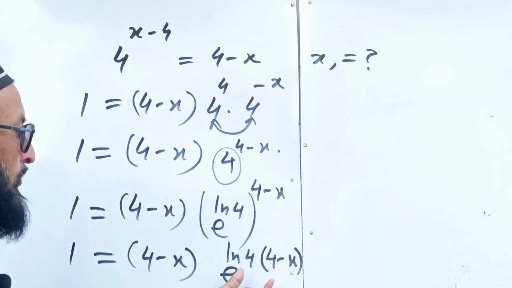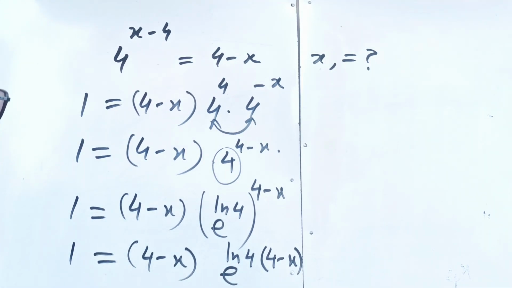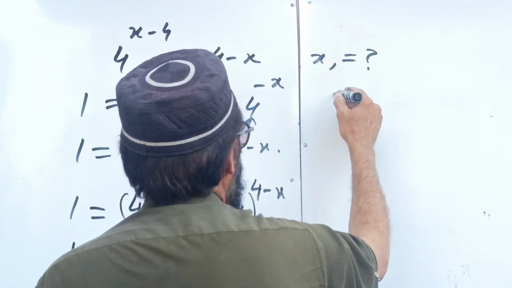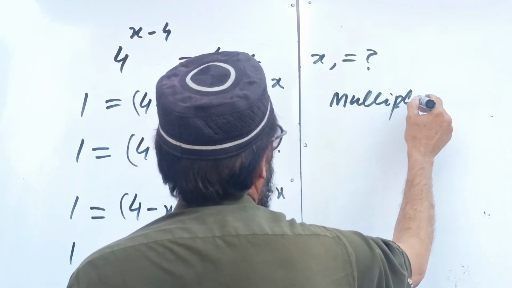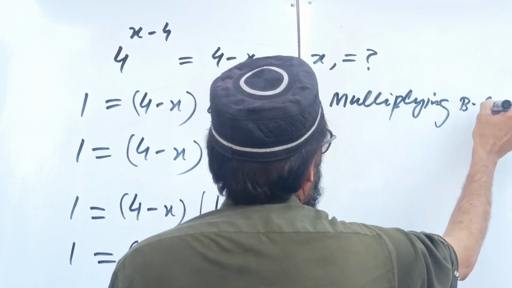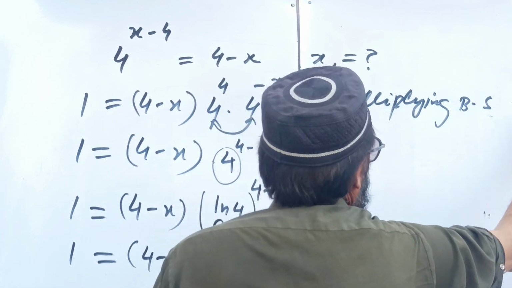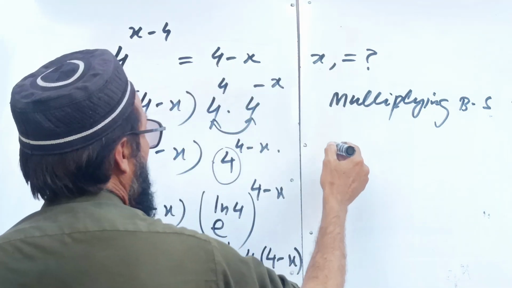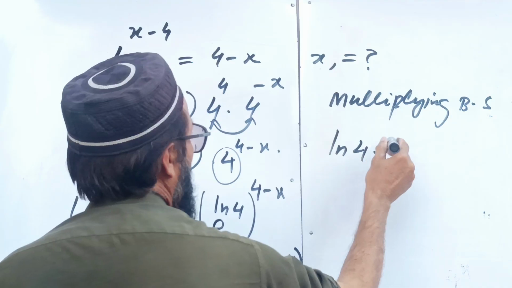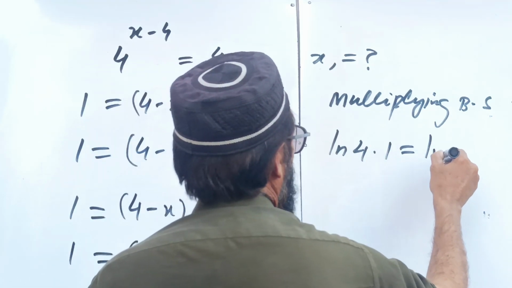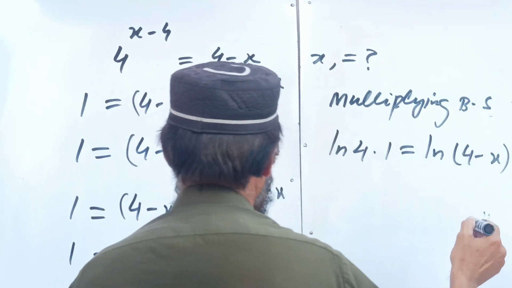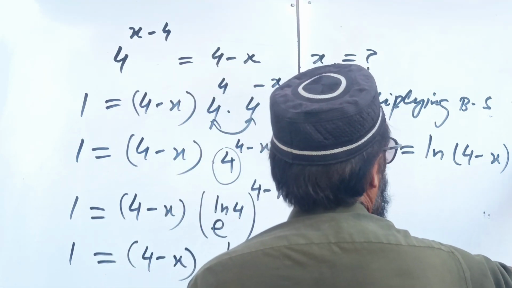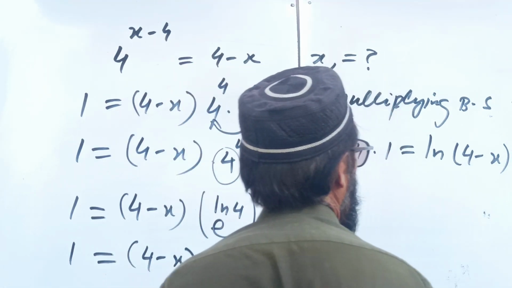Means that here we are trying to make a W Lambert function. Multiplying both sides by log of 4, log of 4 into 1 is equal to log of 4 minus x, e exponent of log of 4 and 4 minus x.